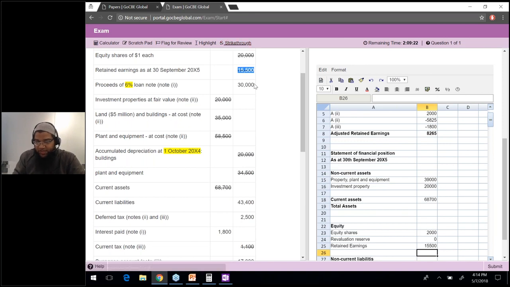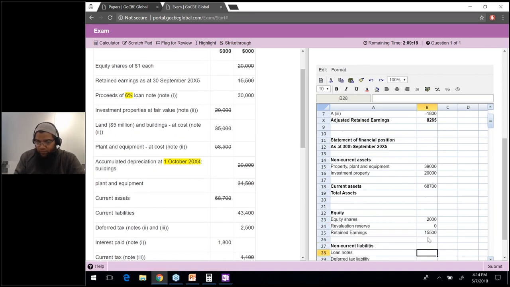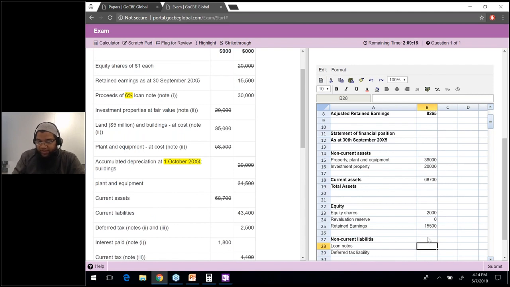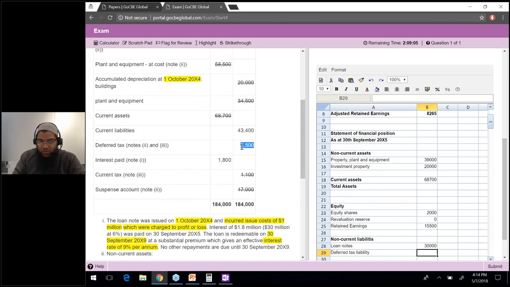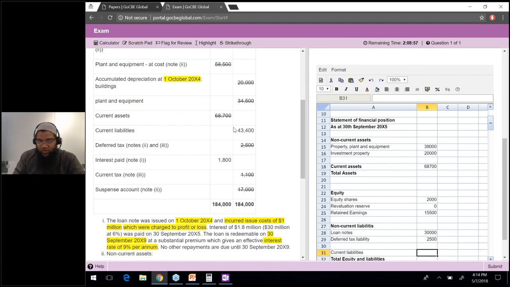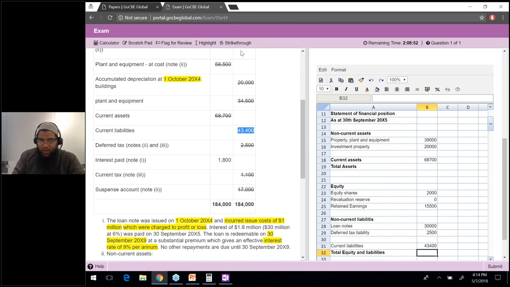And then we have some proceeds of loan notes, which was given to us as 30,000. Now all these have been incorporated. Then deferred tax liability given to us was 20,500. The current liabilities given to us was 43,400. And the interest paid of 1,800 we have actually incorporated in one of our accounting entries.